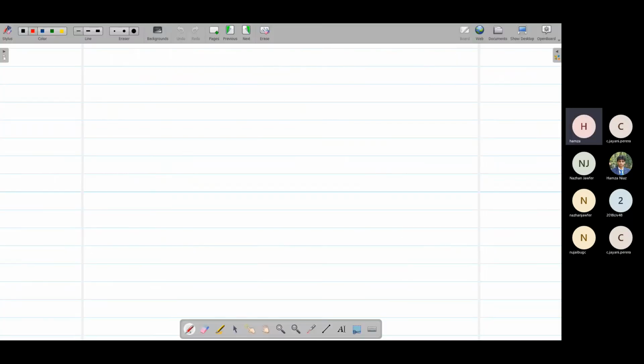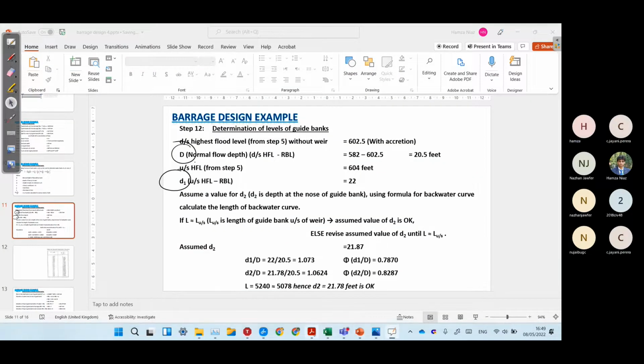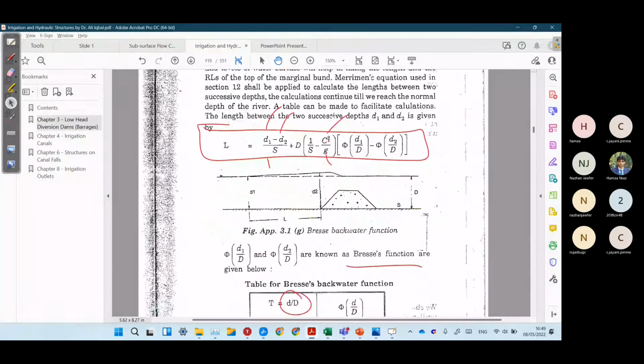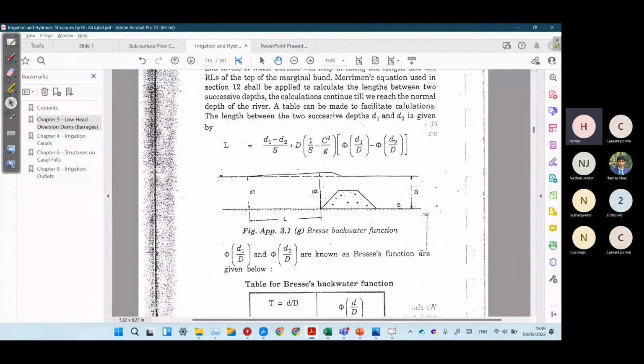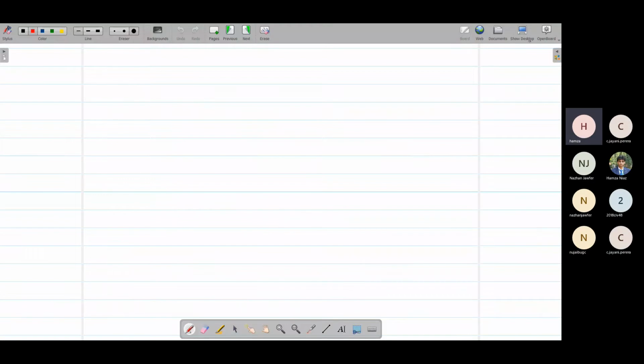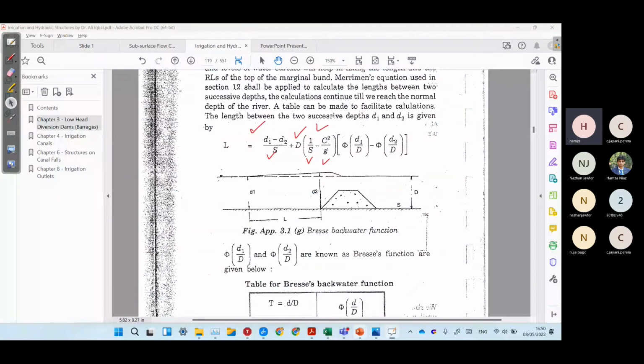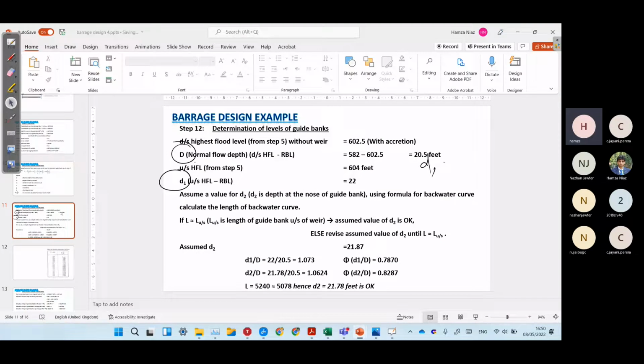So now if we look into this formula, we actually know D1, S, D, S, and C, the Chezy's coefficient is known, G is known, and phi of D1 over D. For phi of D1 over D, simply divide D1 by D. For example, D1 is 22, D is 20.5, our D1 over D was approximately this one, they have written 1.073.